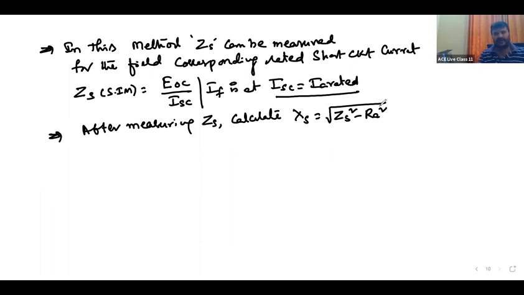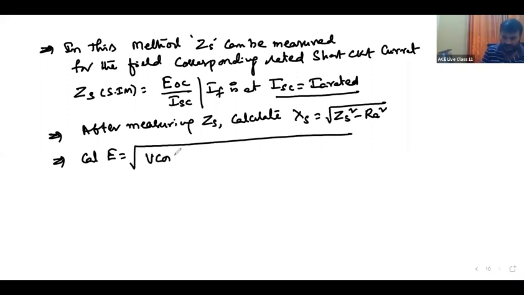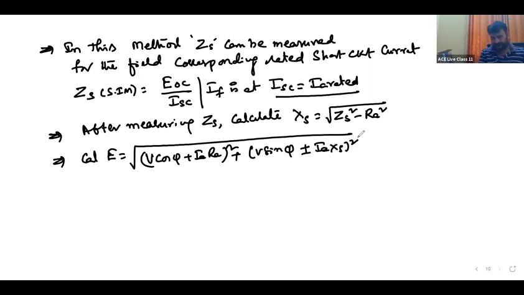RA will be given, RA is known. Then calculate E. Once XS is found, E is equal to the square root of (V cos phi plus IA RA) whole square plus (V sin phi plus or minus IA XS) whole square.